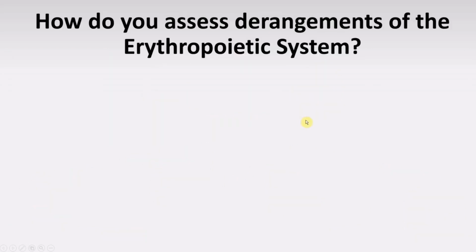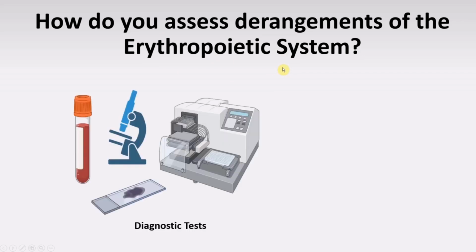Now we know that this disruption of the equilibrium in erythropoiesis will result in all sorts of hematopoietic disorders. The question is, how can we assess the erythropoietic system and its dysregulation? To answer this, we need to know what tests are available to assess the blood system itself.